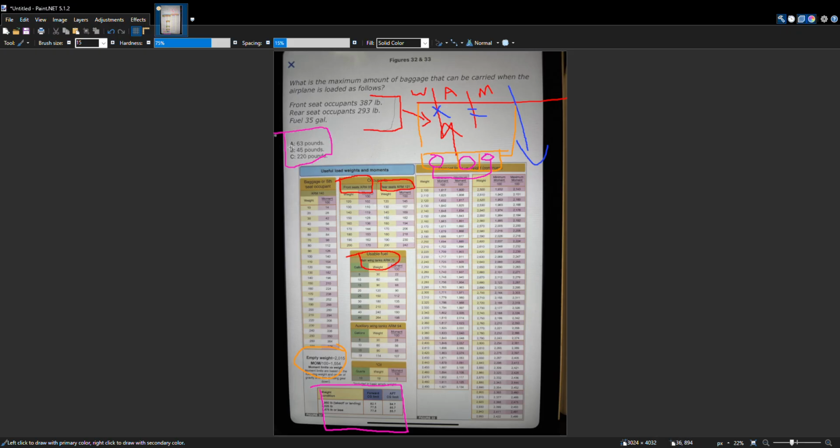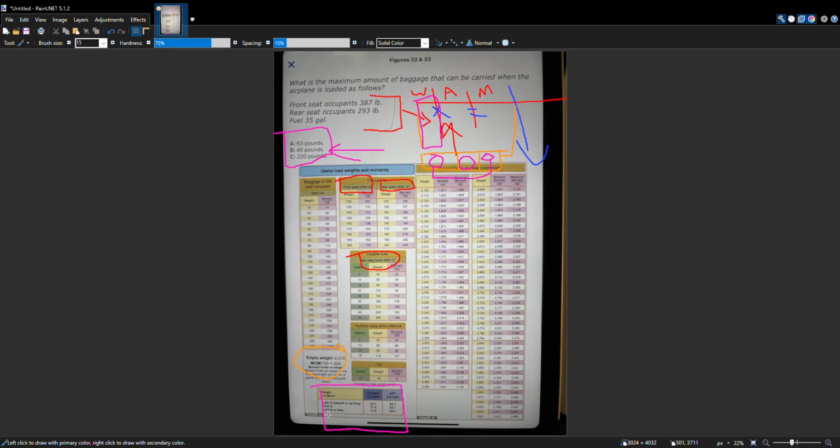For this question, I believe the answer was B, 45 pounds, which was just gotten by adding all the weights together and seeing if it was within limits. That's the first thing that you should do. First step, add all the weights together.